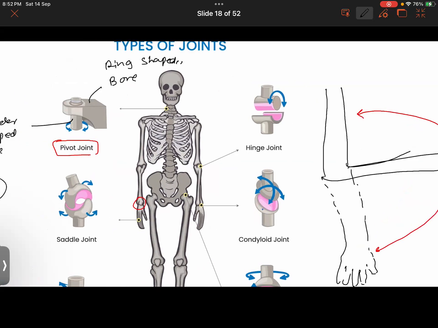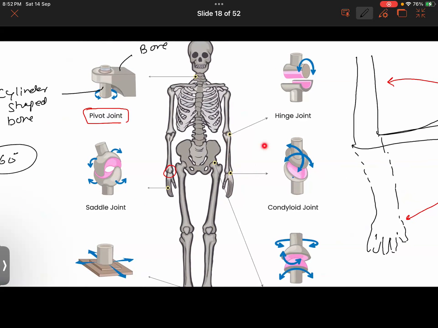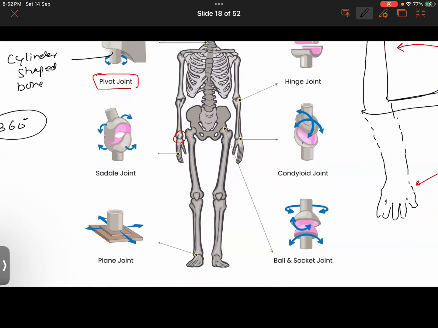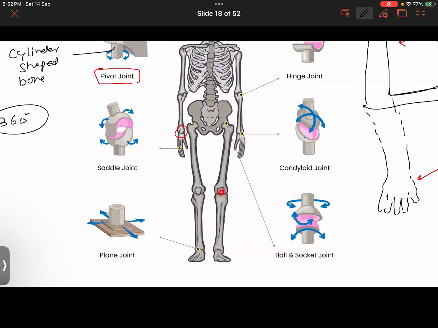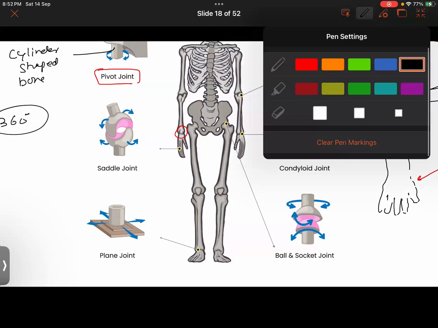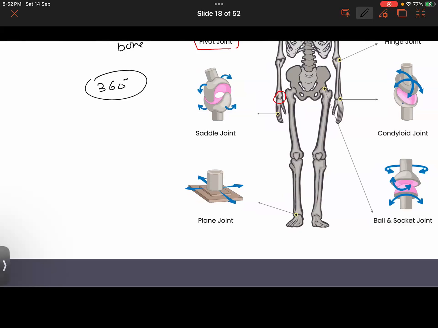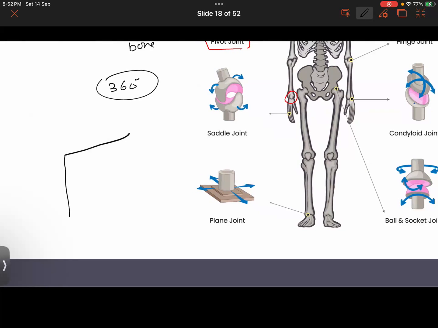Where is it present? It is present over here, in our elbow. Furthermore, in the case of the knee also. So you guys just take a look at your knee, for example. Let us say that this is our knee joint over here, and this is our leg.